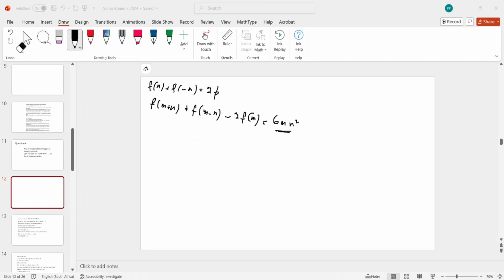Oh, by the way, p is f of 0. And the general equation for a cubic polynomial is, let f of n, remember your inputs are all integers, equal a plus bn plus cn squared plus dn cubed.